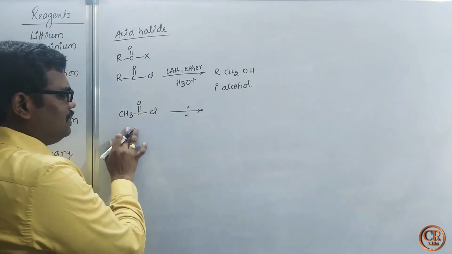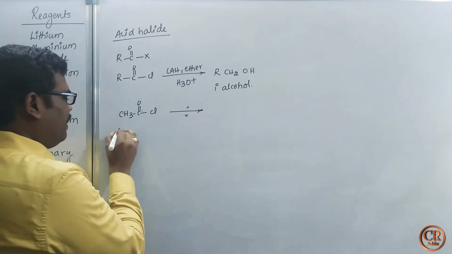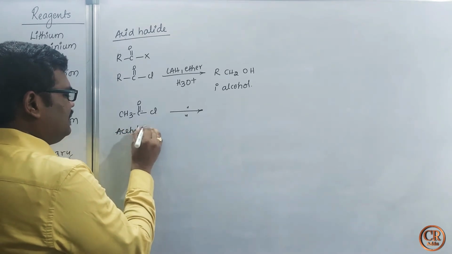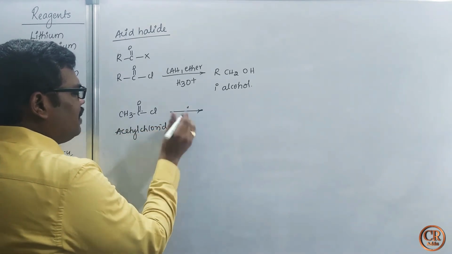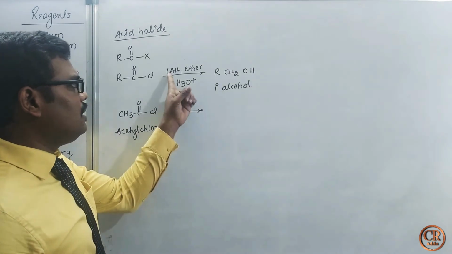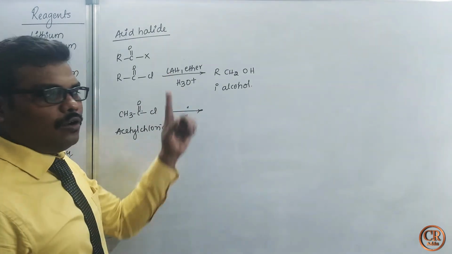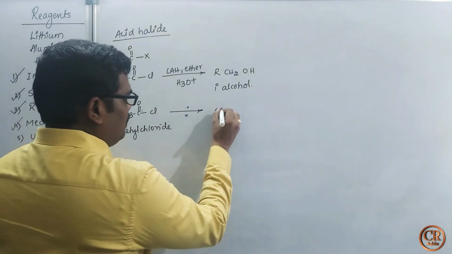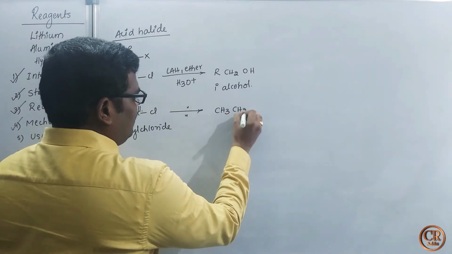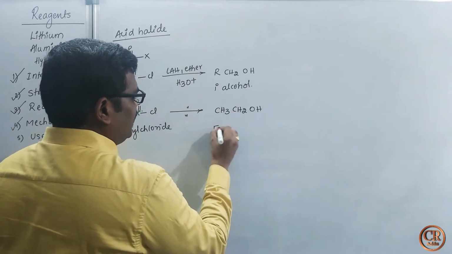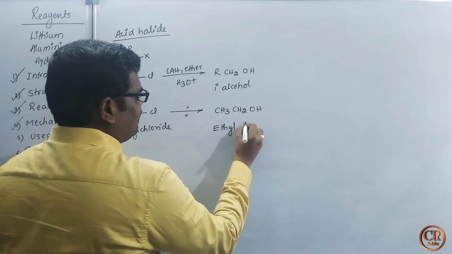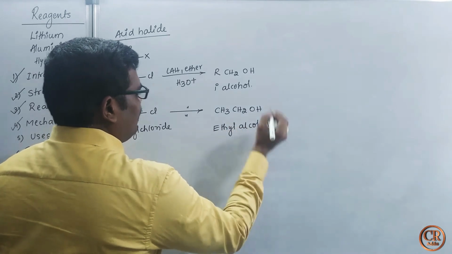What is the name of this? This is acetyl chloride. When acetyl chloride reacts with lithium aluminum hydride in ether followed by acid hydrolysis, it gives CH3CH2OH. Name of this is ethyl alcohol.